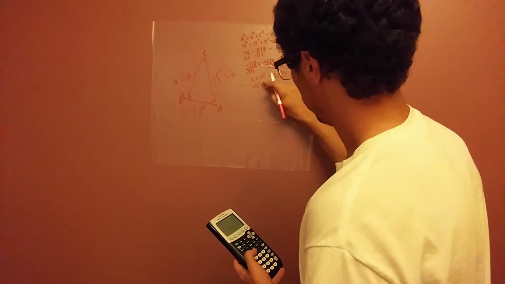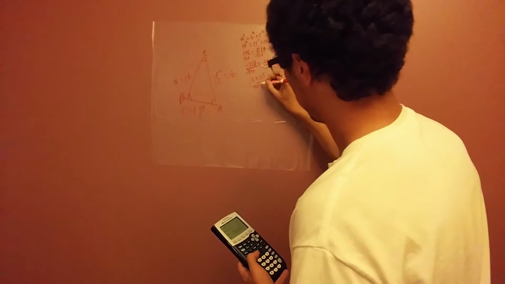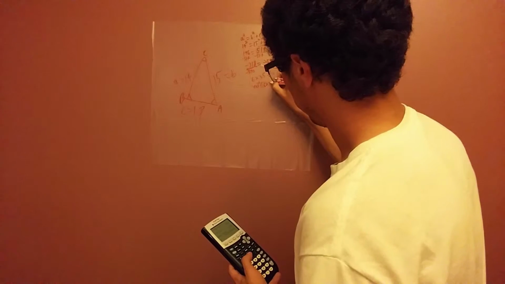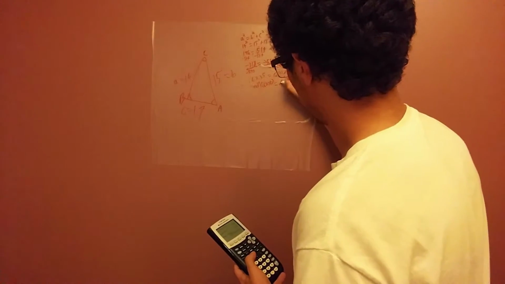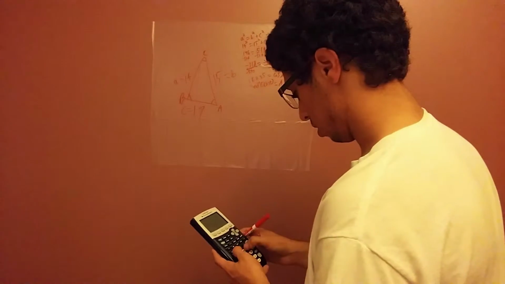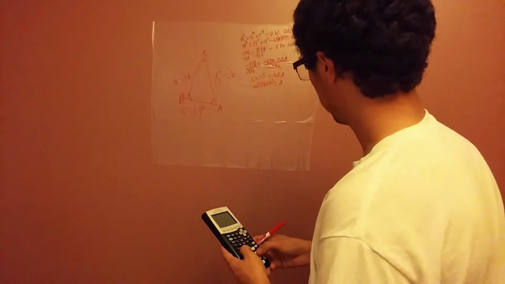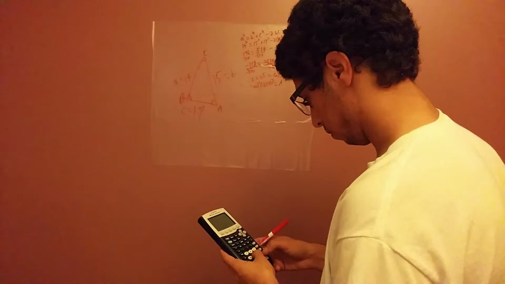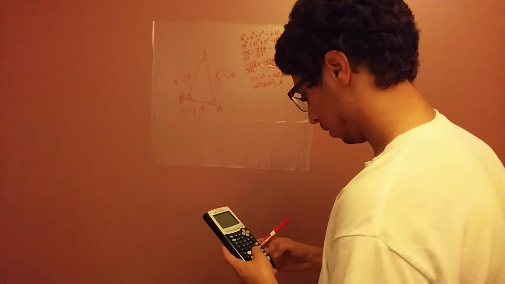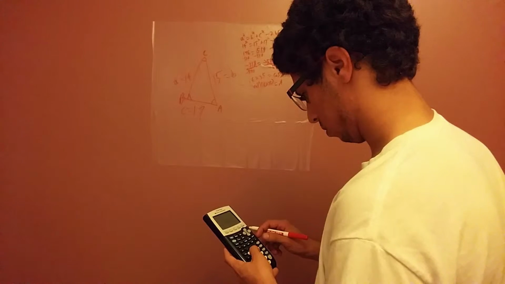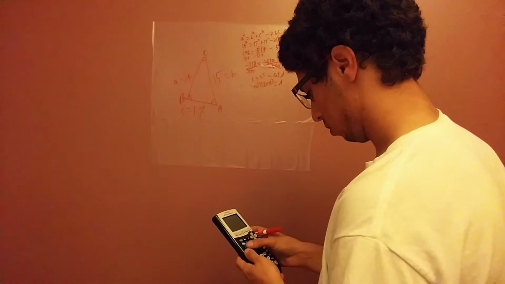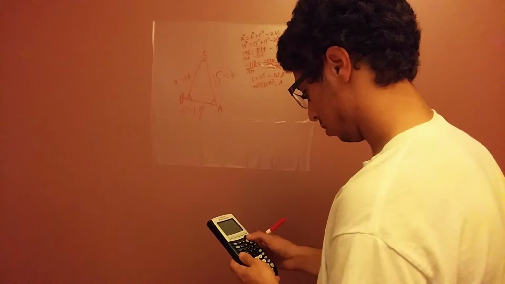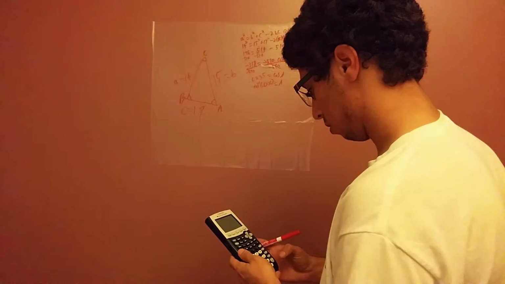So cosine inverse of 0.6235 equals A. Then plug it into the calculator. You want to have your calculator set on degrees, and then it'll do that properly.